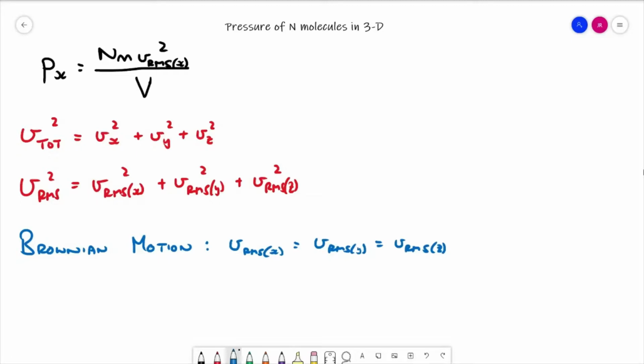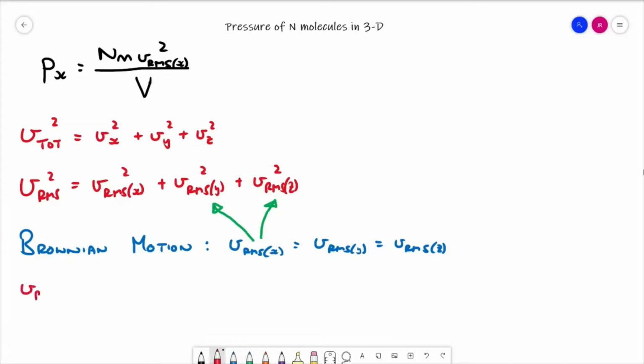Now, therefore, when we substitute all of this in, remembering that VRMS in the y direction is equal to VRMS in the x direction, we're going to substitute that into there, and of course it's the same in the z direction. We're going to substitute it into there. What we've got on the right hand side of that equation is 3 of exactly the same thing.